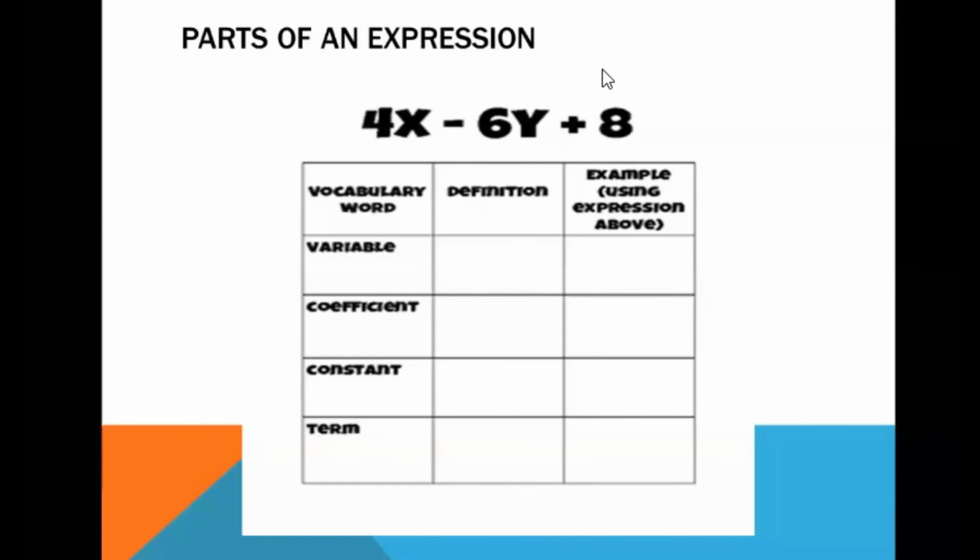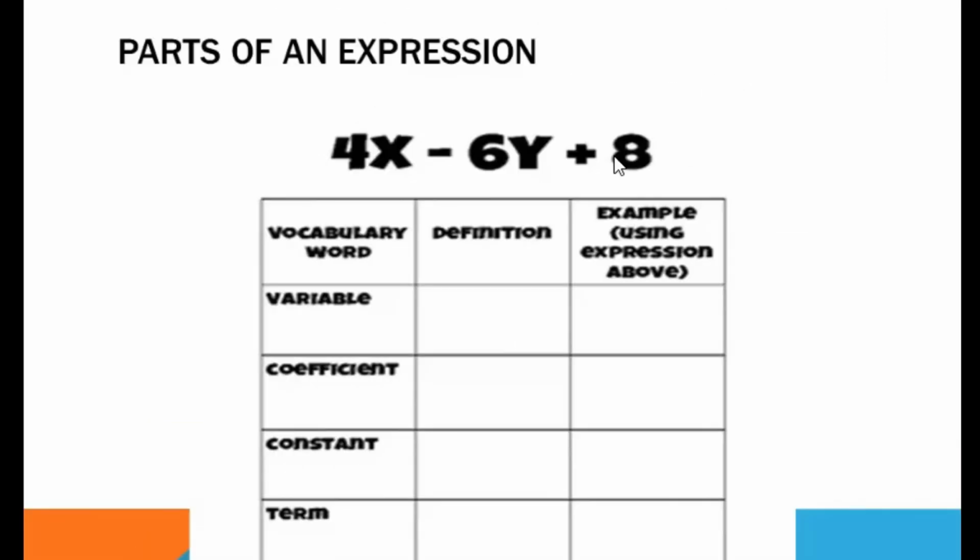I don't really understand what it is. What is it that you don't understand? What you have to do is the definition and the example. All right, I give you an expression here, 4x minus 6y plus 8, right? So you need to write a small definition for variable. If I had to write a definition, I would say it's all the letters in an expression.